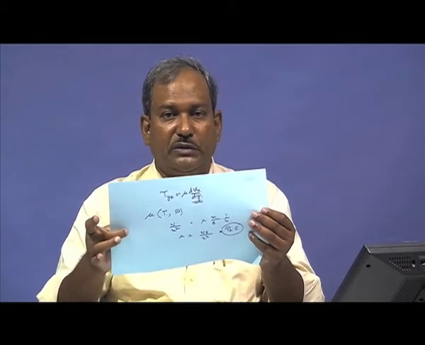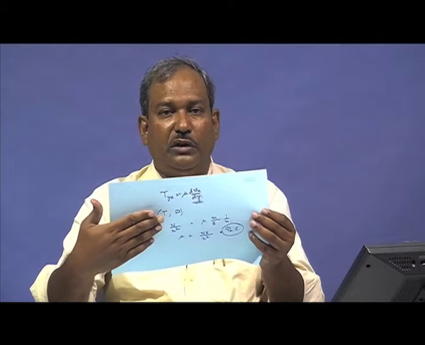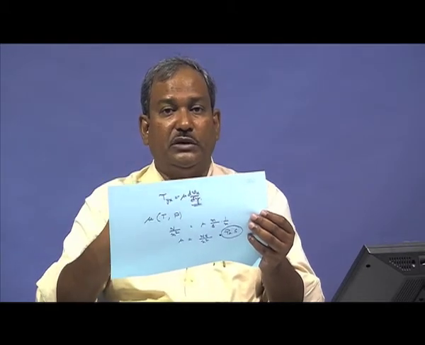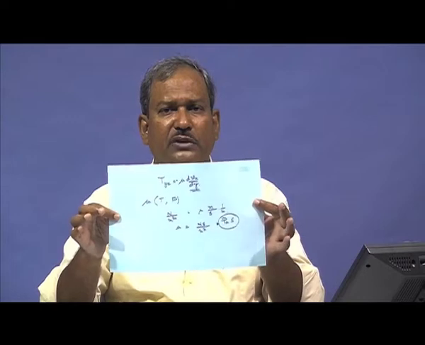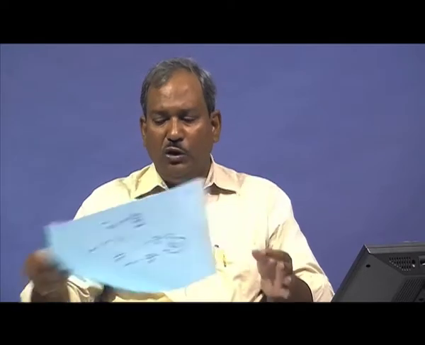The conservation equation for a control surface would be rate of something in must be equal to rate of something out. Nothing gets stored in a control surface, whereas a control volume has a finite volume of its own. So some amount of mass may come in, or let us say some amount of heat may come in, some amount of heat may leave, some amount of heat may be generated in it, and the control volume itself, because of its non-zero mass, can absorb some amount of heat.